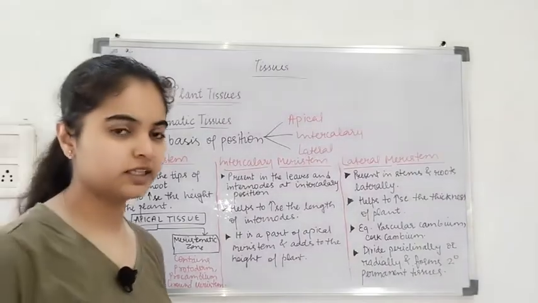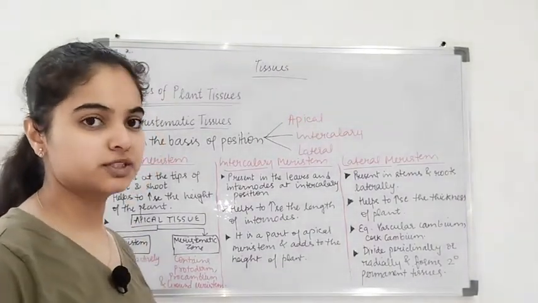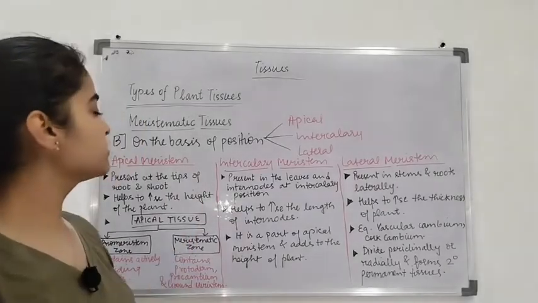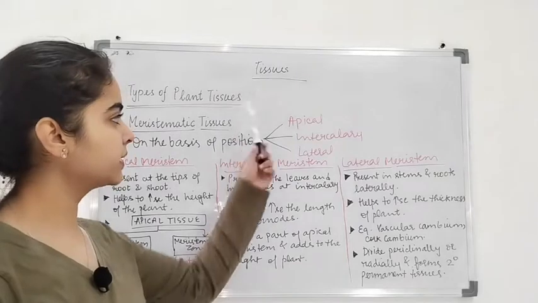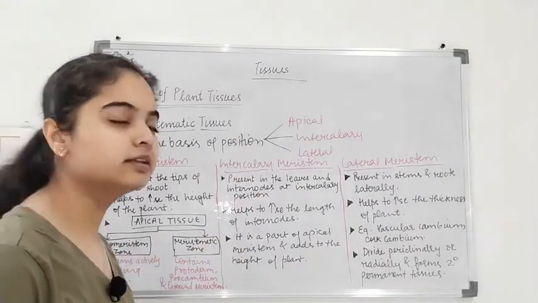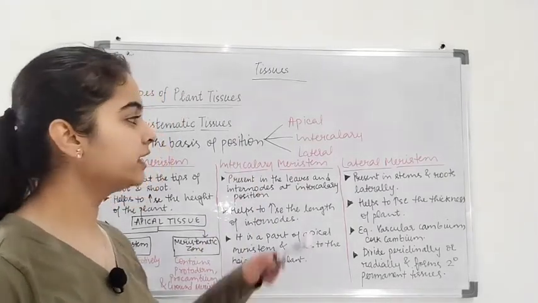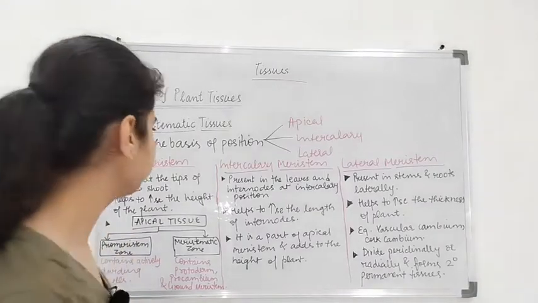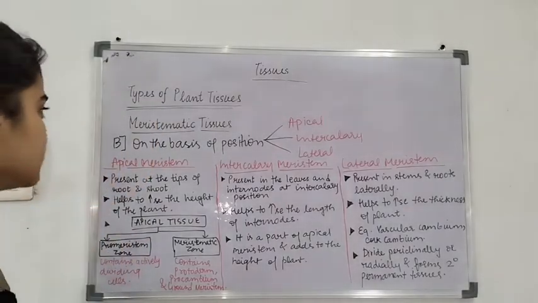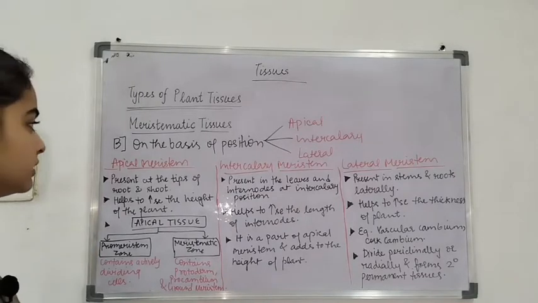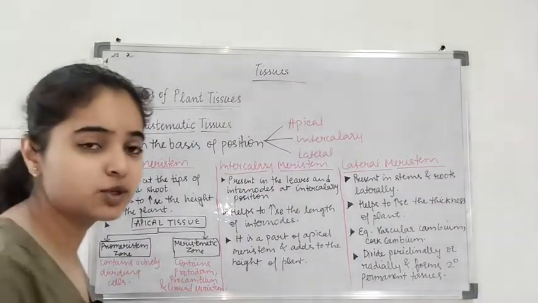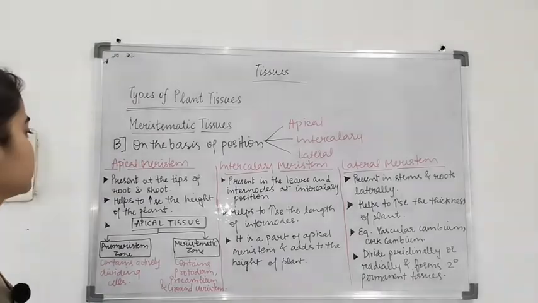Types of meristematic tissues on the basis of position. On the basis of position, meristematic tissues are of three types: apical meristematic tissues, intercalary meristematic tissues, and lateral meristematic tissues. First is apical meristematic tissues. These are present at the tips of root and the shoot.